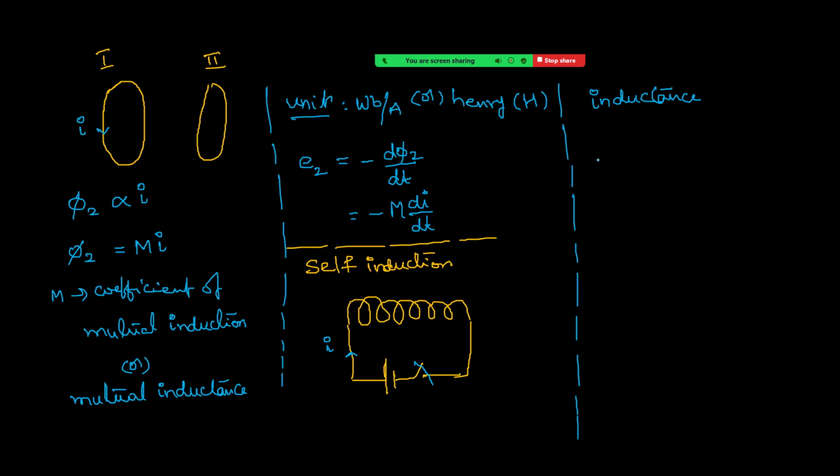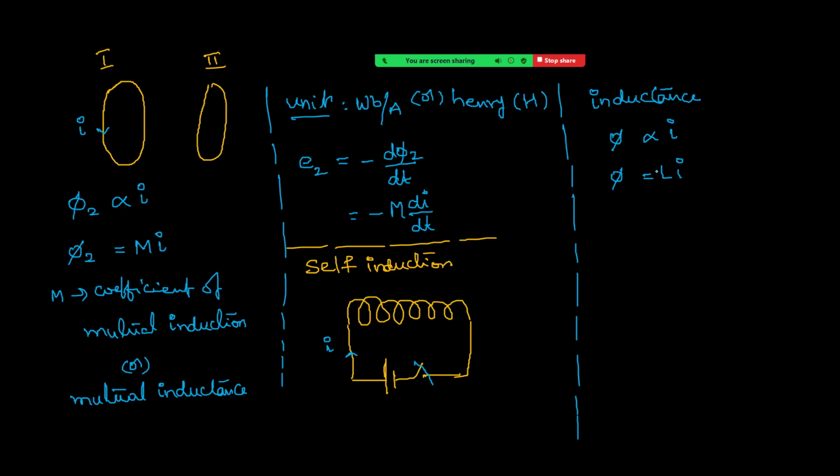Now see what we can do here. If you want to write an equation, the flux linked with that coil is proportional to the current flowing in the same coil. To remove this proportionality, write a proportionality constant L, so flux equals L into I. Here flux and current are both in the same coil.